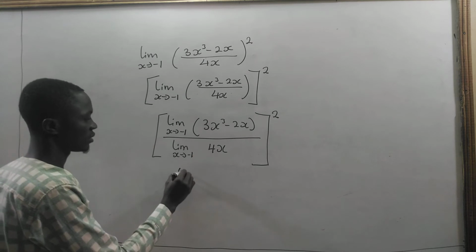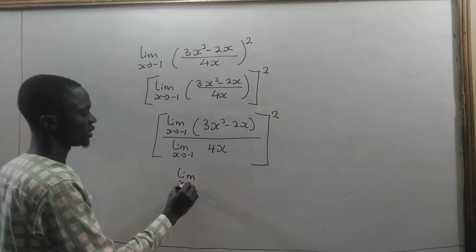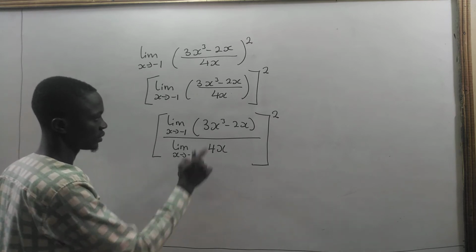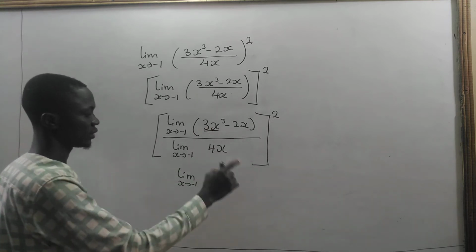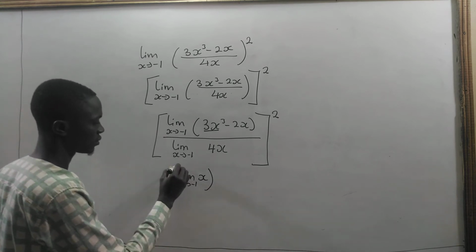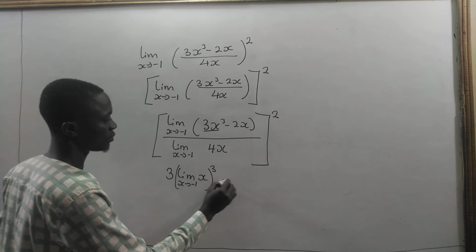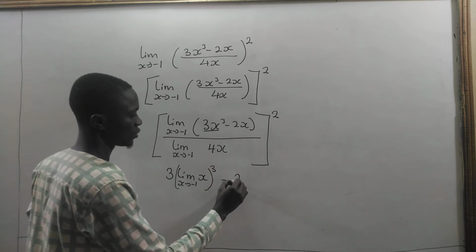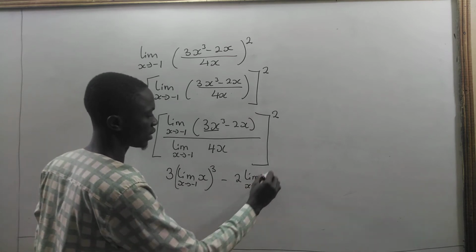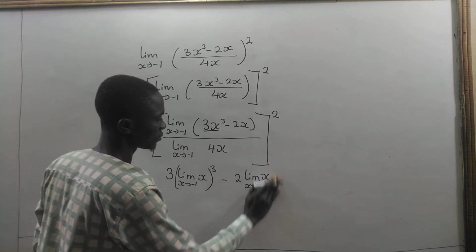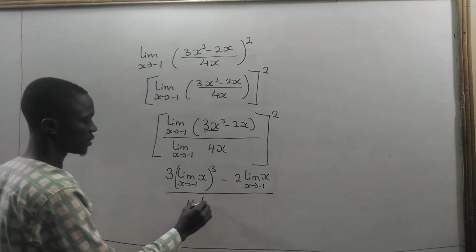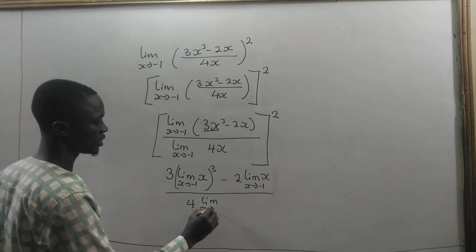So we're going to have the limit as x approaches -1 of 3x cubed, we've done that one already, so it will be 3x to the power 3 minus 2 times the limit of x as x approaches -1, all divided by 4 times the limit as x approaches -1.